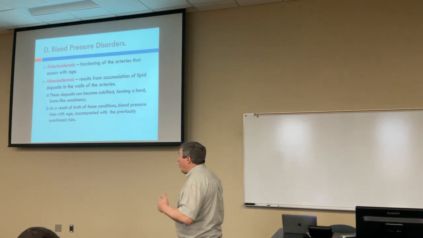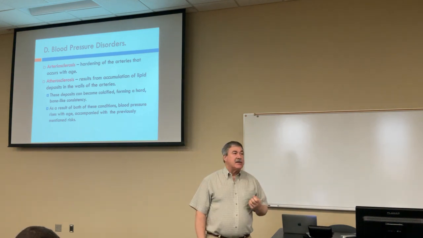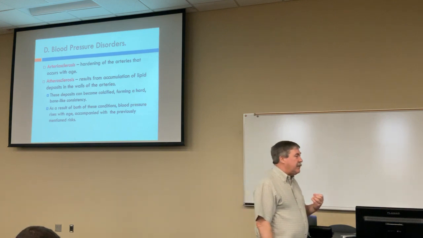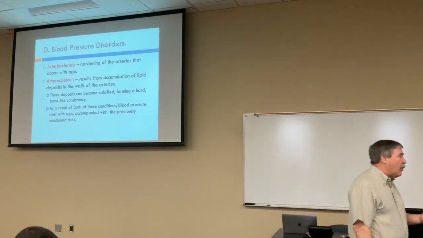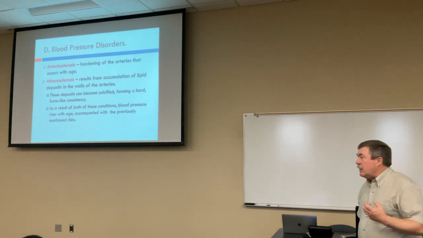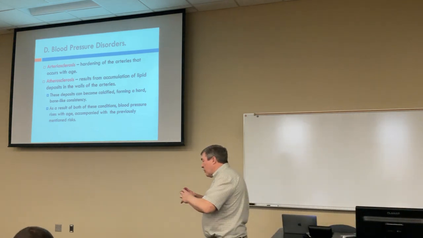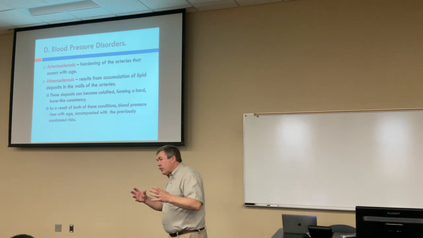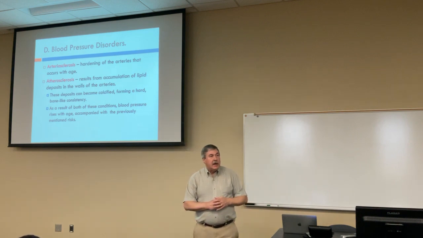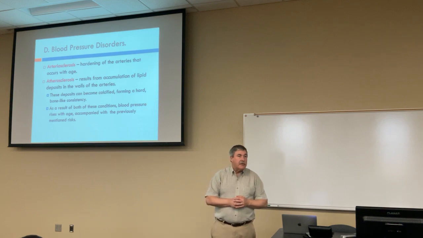As you get older, your arteries lose their elasticity. They lose some of the elastic fiber in the walls, and they become less elastic. They could become harder. And that prevents the arteries from stretching in order to relieve some of the pressure during systole, and that's going to cause an increase in systolic pressure.